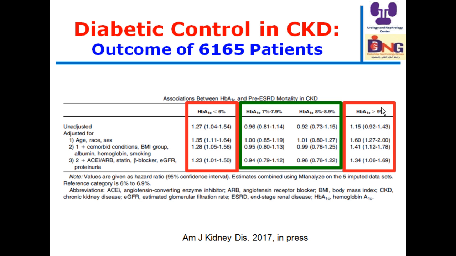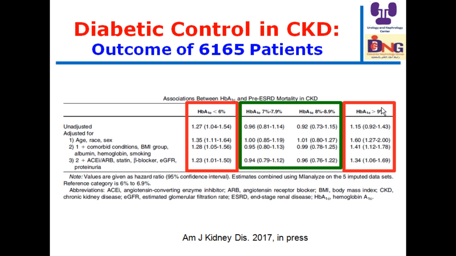So in chronic kidney disease, if chronic kidney disease is established and creatinine is high and the estimated GFR is less than 60 mL per minute, we may think of selecting an A1C around 7%.